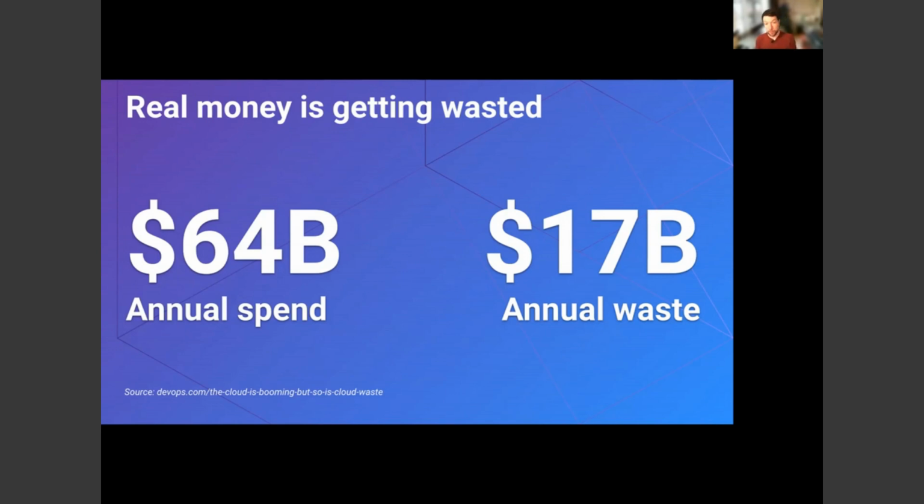And again, here we have another report from DevOps.com, which you should definitely check out because it's super interesting. Read the whole thing, not just this part, right? But I pulled these numbers from here. It's an excellent report. We got $17 billion of 64, not 17 billion of a trillion. 17 billion of 64 billion. That's a big percentage, right?